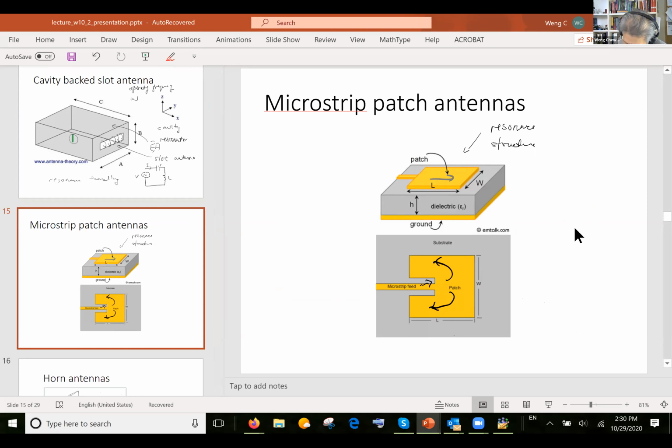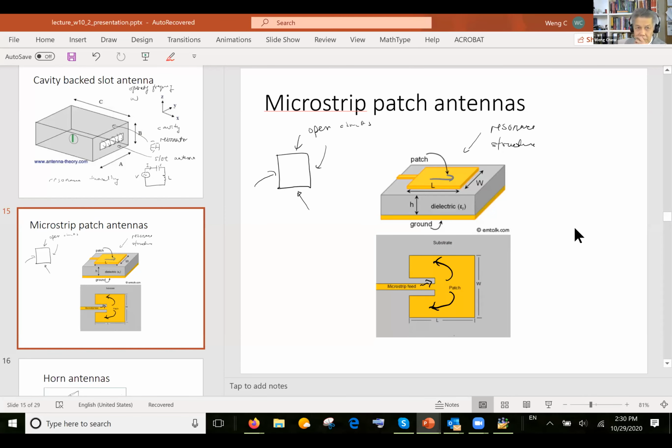And it can be understood very easily because the antenna is like a patch with open circuit all around it.